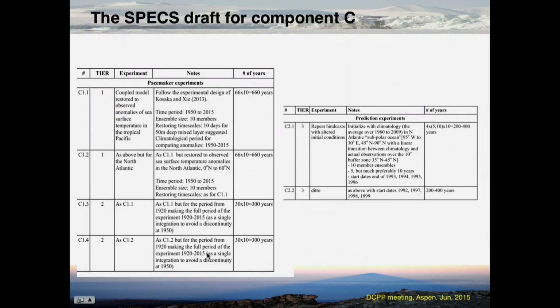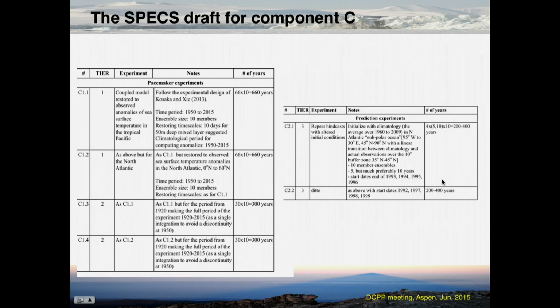The second one is the same thing for the Atlantic, but extending from the equator to 60 north. And then in tier 2, it would be great to extend this pacemaker experiment back to 1820 to investigate especially the warming in the North Atlantic in the 1920s and 30s. So this is in tier 2.